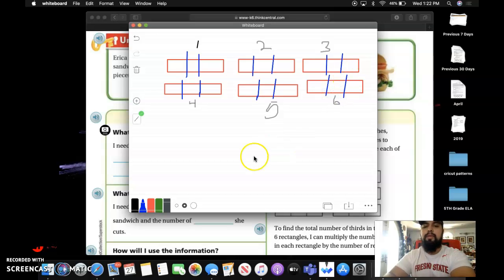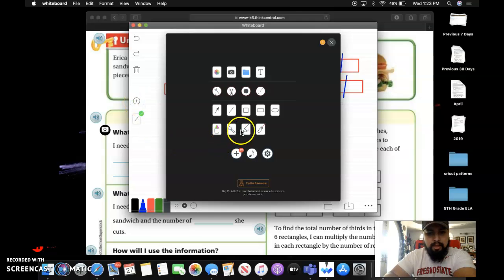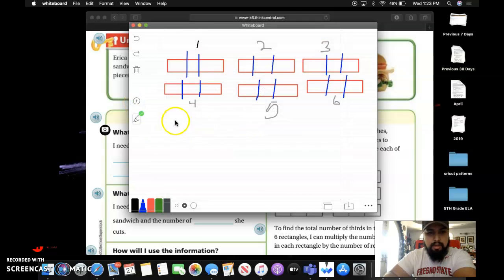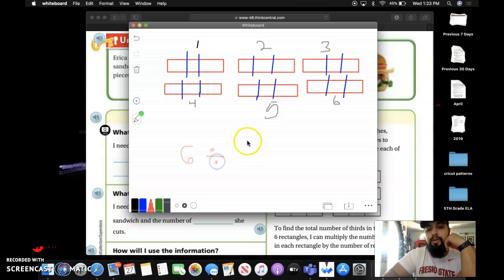So if we look at it, well, how many wholes do we have? We have 6 wholes in total, and we're dividing them into thirds.